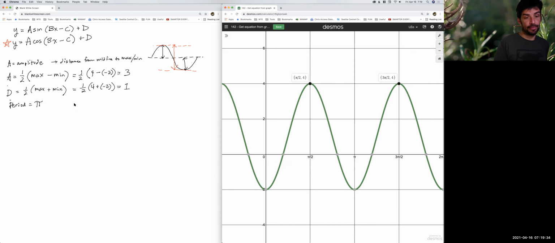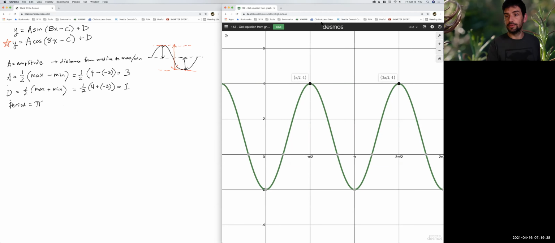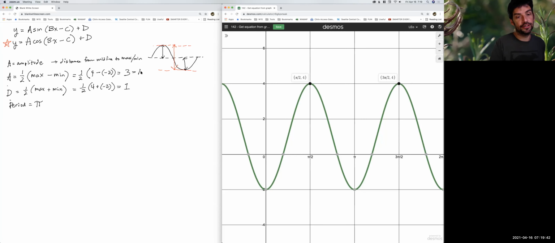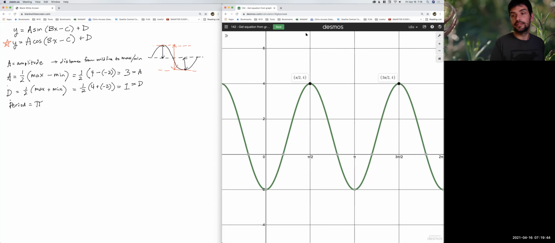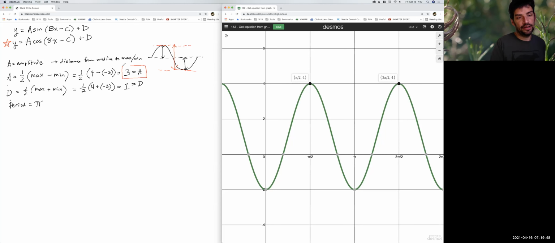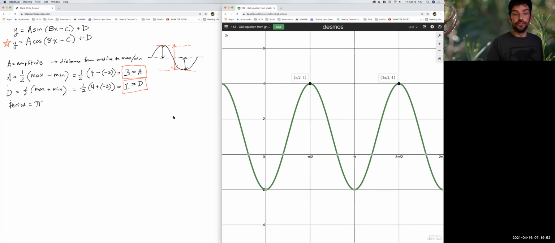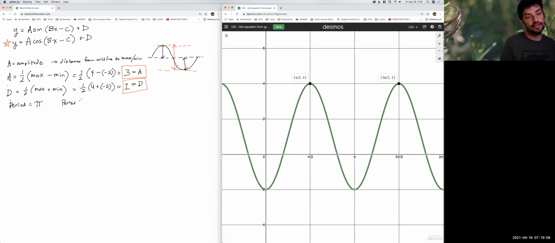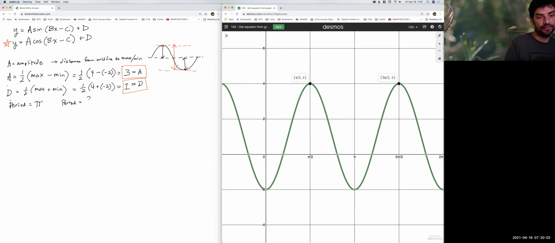Then we have to remember that, and actually let me clean up a little bit before I do this. I'm just going to rewrite on this side what these values are and then box them because I'm going to want to find all these in just a minute. So there's my A value, there's my D value. So I have the period, and we just need to remember that the period is related to B, but it's not the direct relationship we have here.